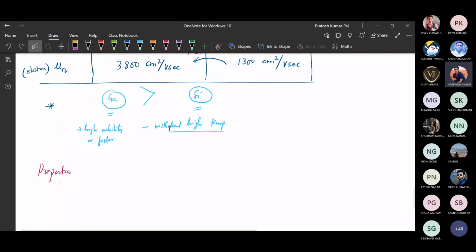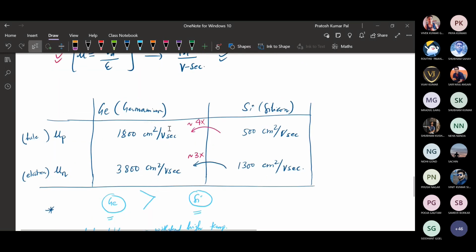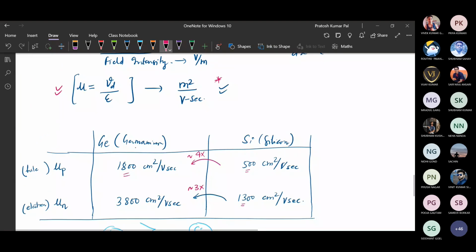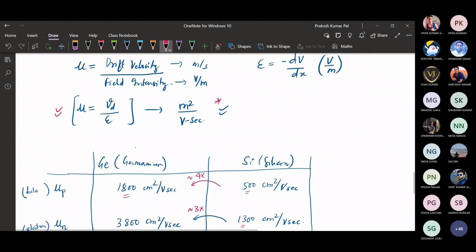So basically, the mobility of holes and electrons, if we consider it in device physics. Suppose a material is there, and some electrons are there.